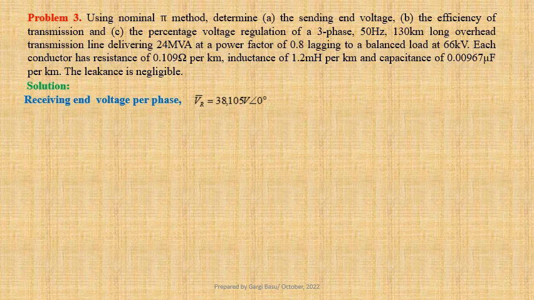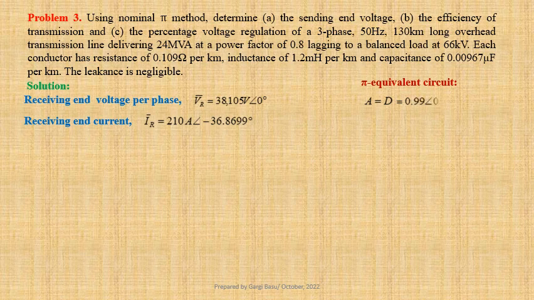We have obtained receiving end current IR equals 210 ampere at an angle minus 36.8699 degree, and generalized constants for pi equivalent circuit A equals D equals 0.99 at an angle 0.162 degree, B equals 51 ohm at an angle 73.87 degree, and C equals 391.05 into 10 to the power minus 6 mho at an angle 90.081 degree.